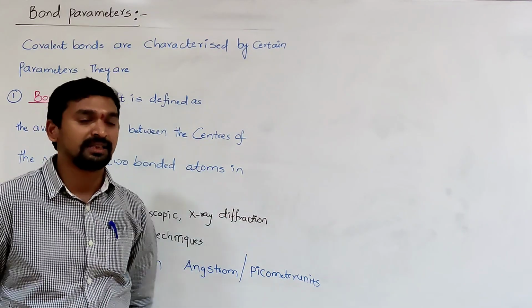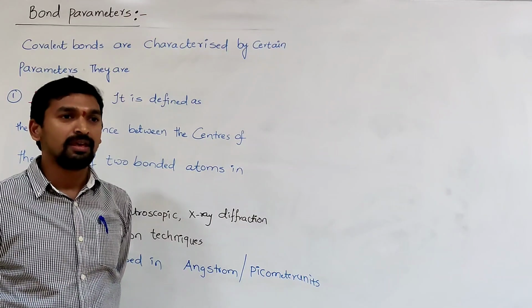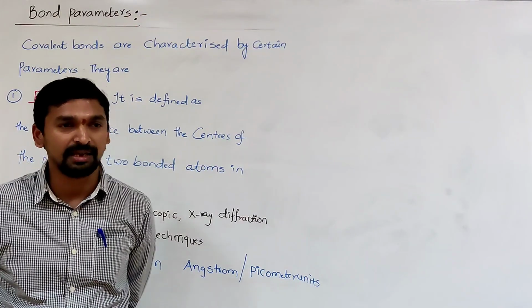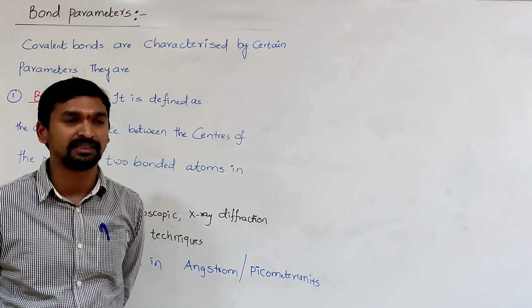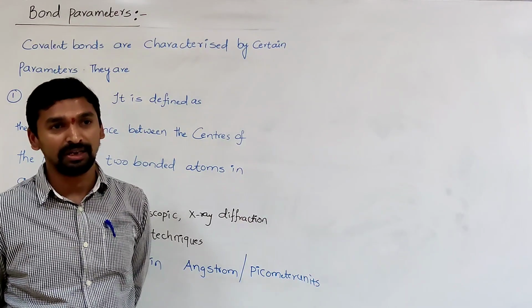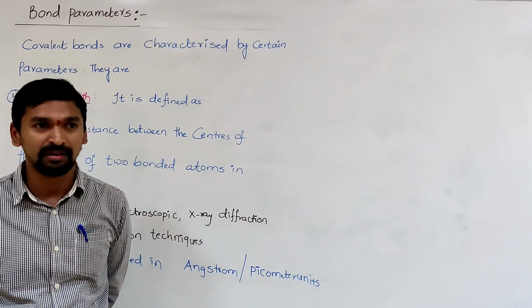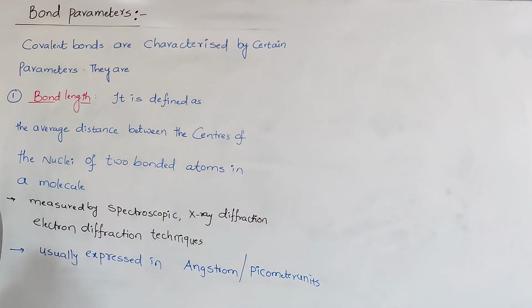This clearly says that all covalent bonds are not the same. The differences between covalent bonds between two atoms in different molecules exist in certain bond parameters. What are the bond parameters?